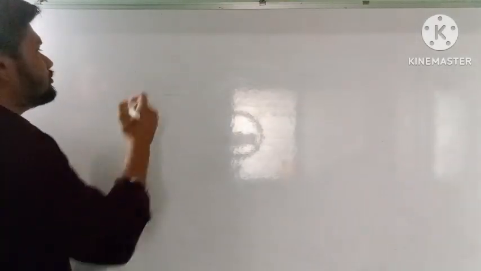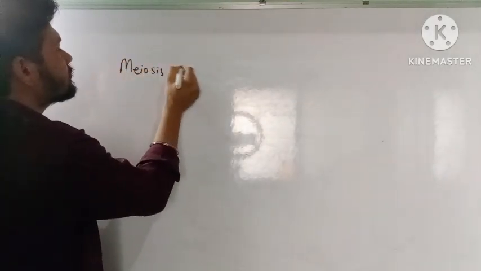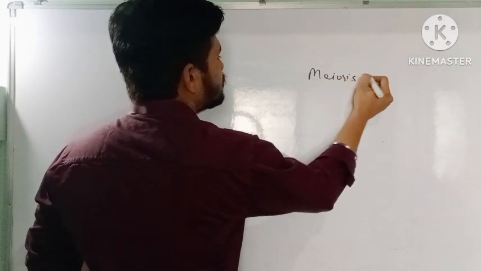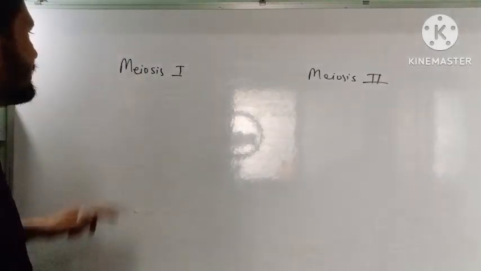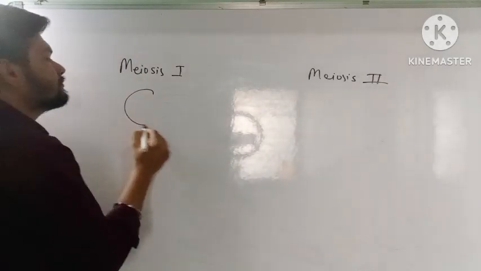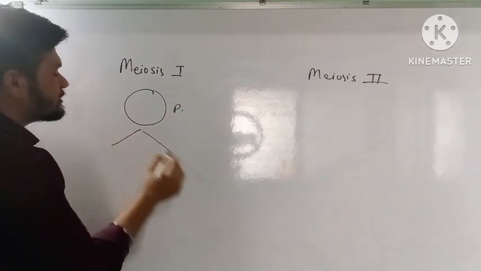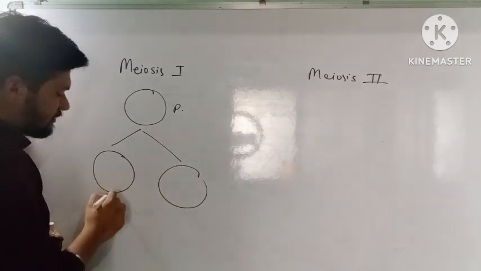So we can divide the meiosis process into two types: meiosis 1 and meiosis 2. So what is going to happen in meiosis? One parent cell is going to divide into two daughter cells, and those cells will be haploid.